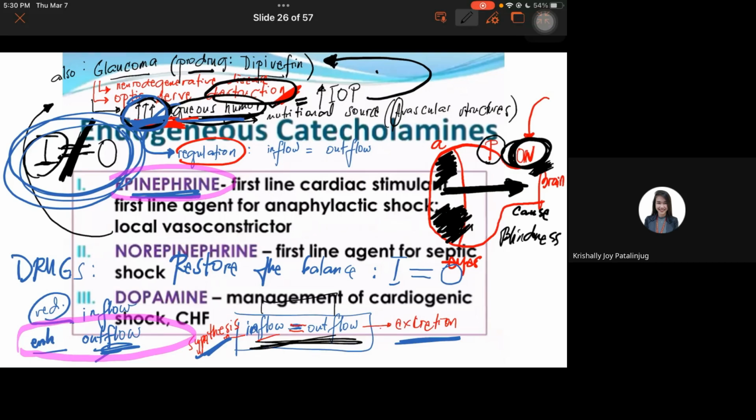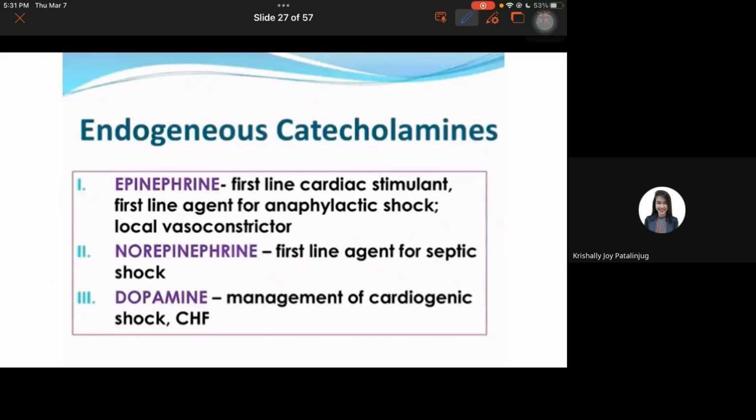Therefore, restoring the balance. And therefore, what will happen to the intraocular pressure, it will decrease, lower the intraocular pressure. Okay? Kapag na-restore yung balance. So that's all about epinephrine class. So tapos na tayo sa epinephrine.